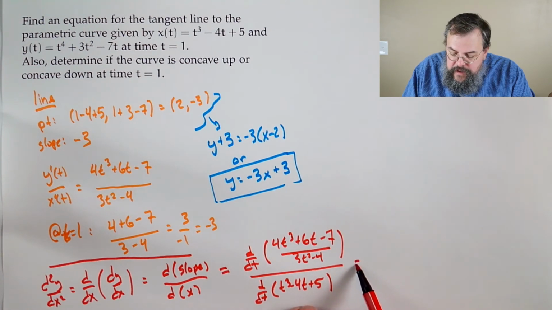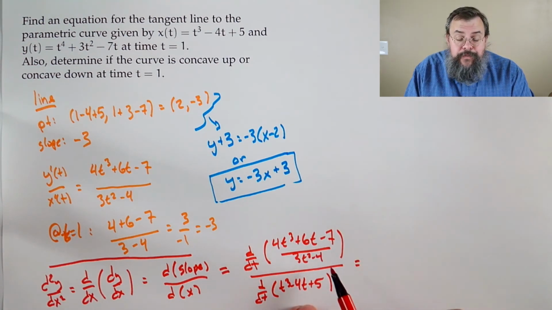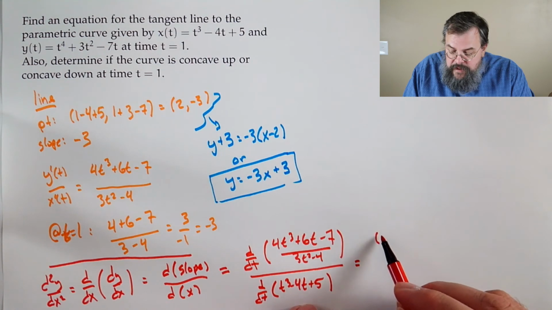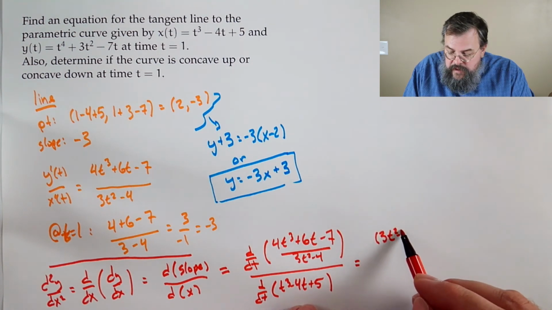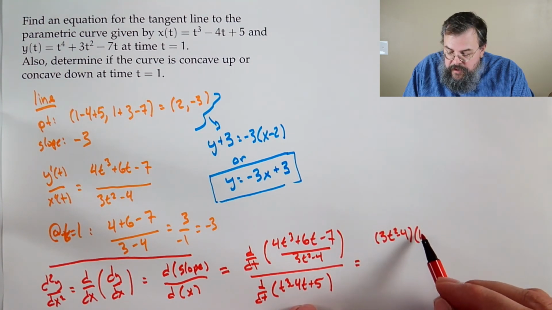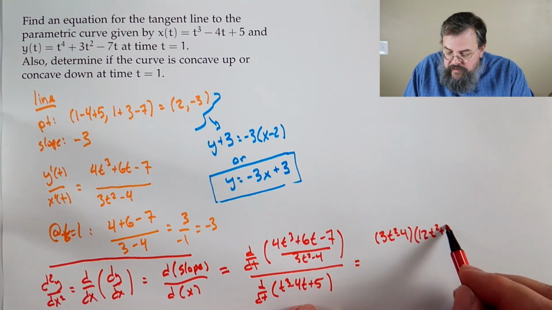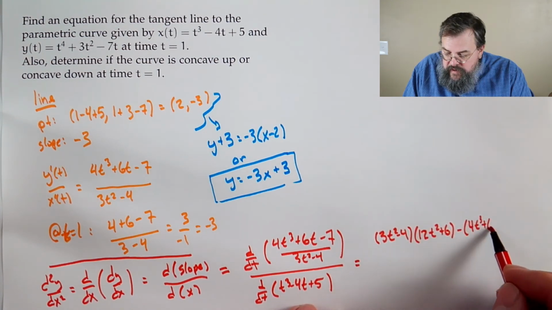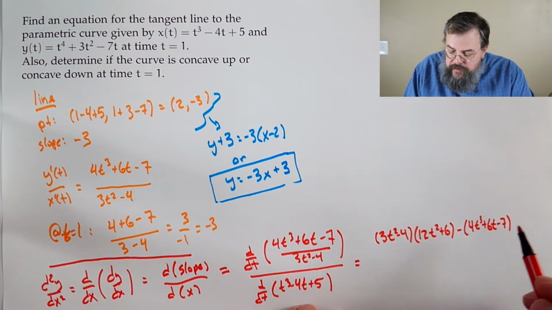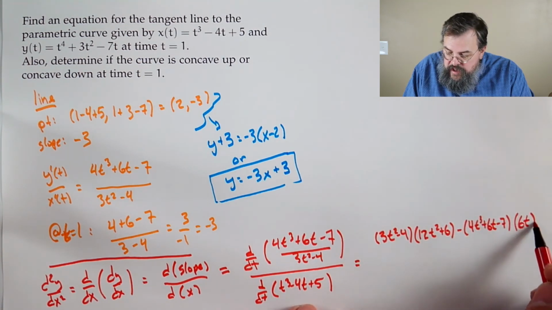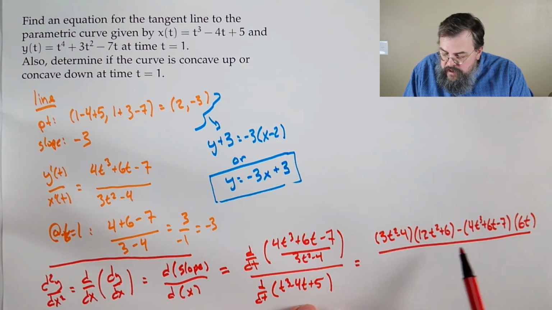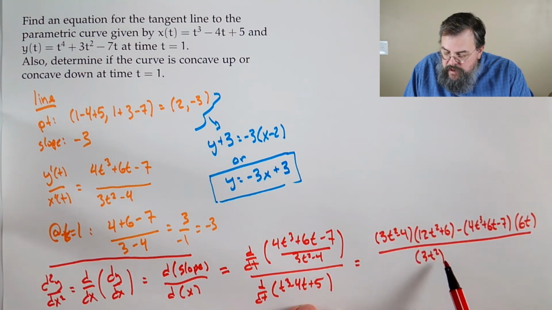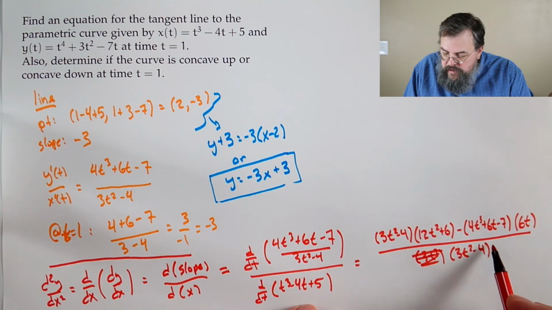Okay, and for the top, well, quotient rule. Take the bottom times the derivative of the top, 12t squared plus 6, minus the top, 4t cubed plus 6t minus 7, times the derivative of the bottom, 6t, all over the bottom term squared.